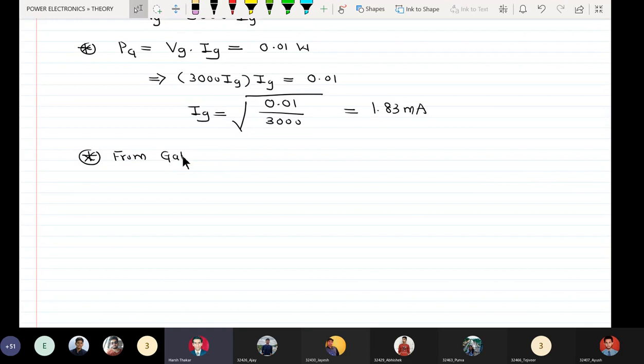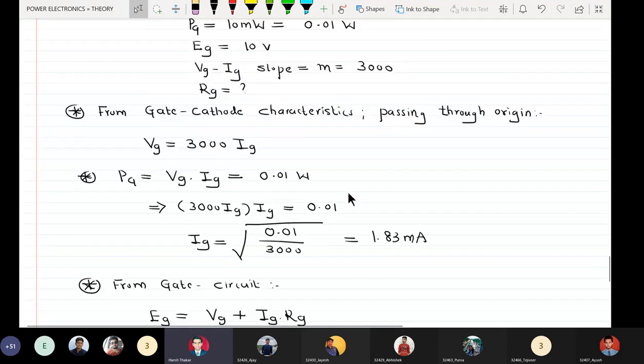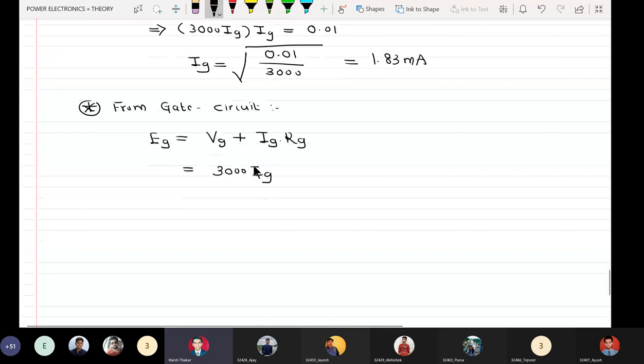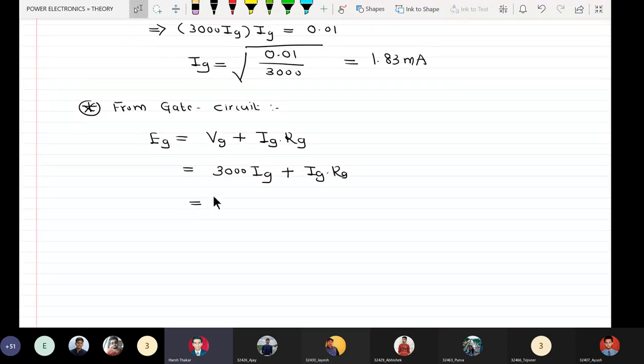From the gate circuit we have Eg equal to Vg plus IgRg, which is equal to 3000 times Ig plus Ig into Rg, which is equal to Ig into Rg plus 3000.